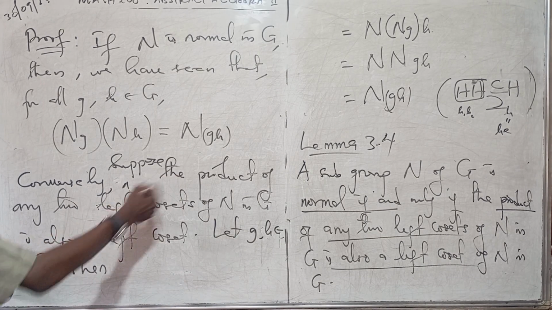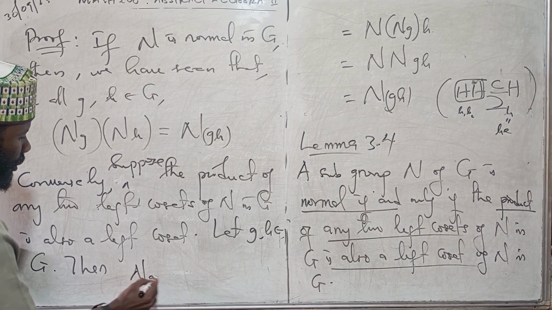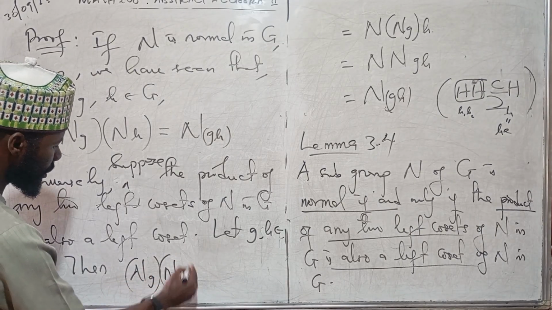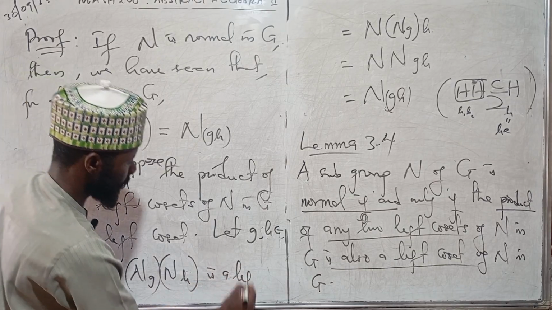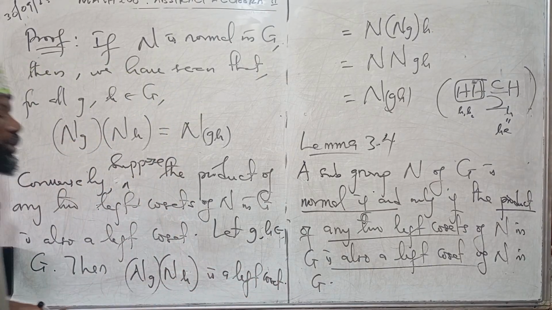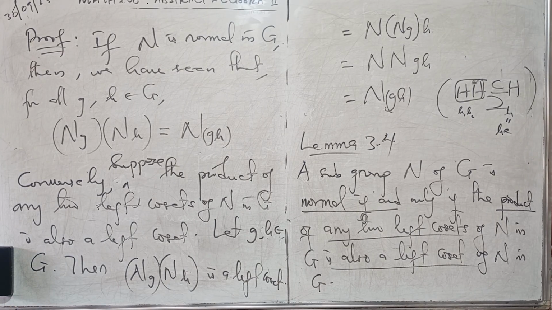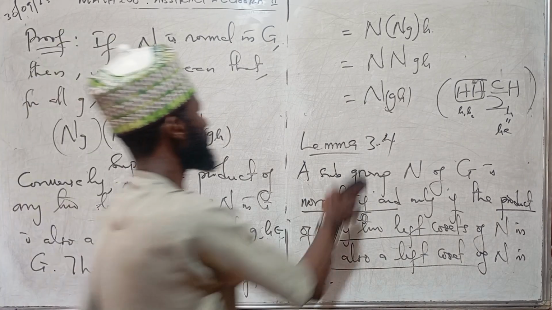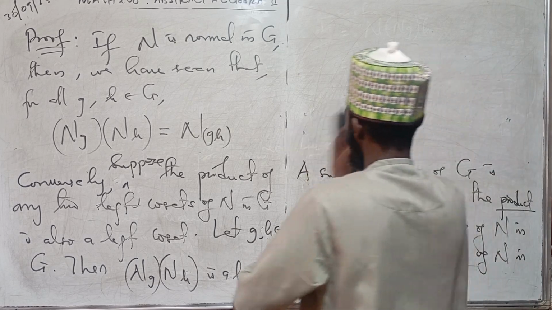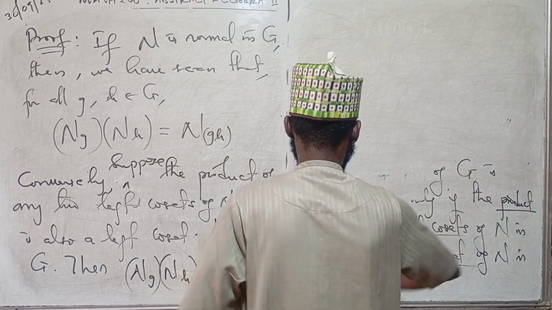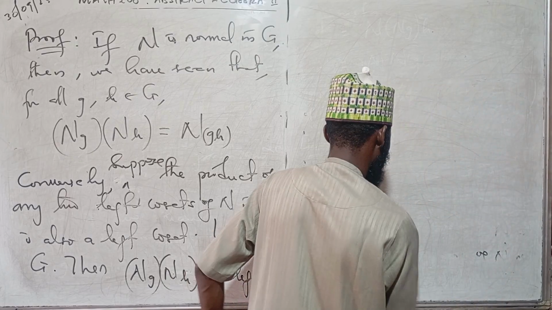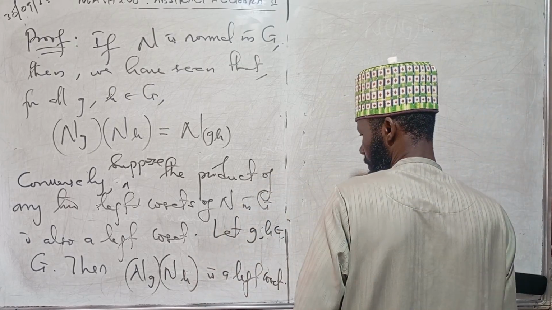Then by our assumption, Ng composite Nh is a left coset. But which left coset will it be? If it is a left coset, we want to know which left coset.